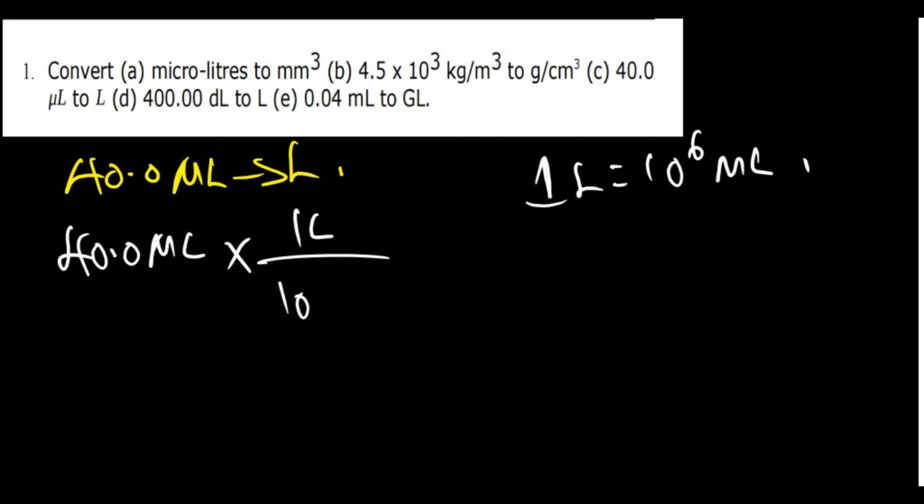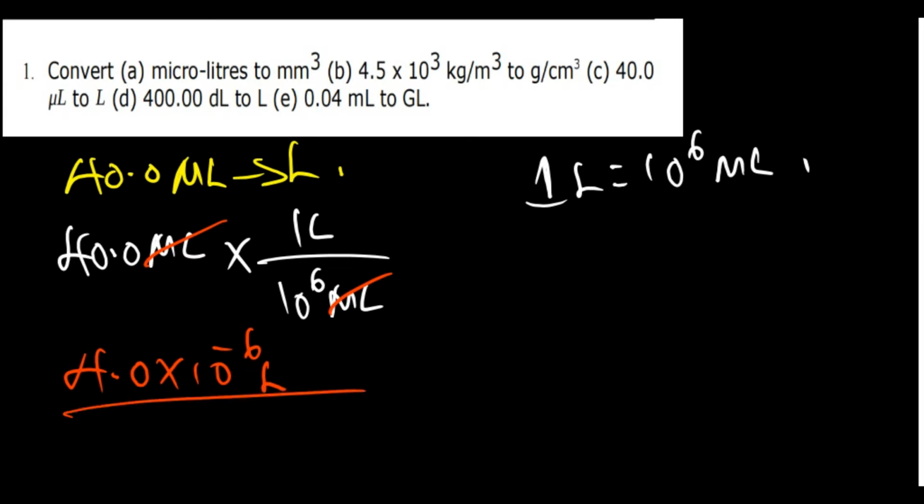We have got 10 raised to the power 6 microliter. Microliter and microliter will cancel, so we're going to remain with 40 divided by 10 raised to the power 6, which is going to give us 4.0 times 10 raised to the power negative 6. This is now in liters. So that is it for part C.